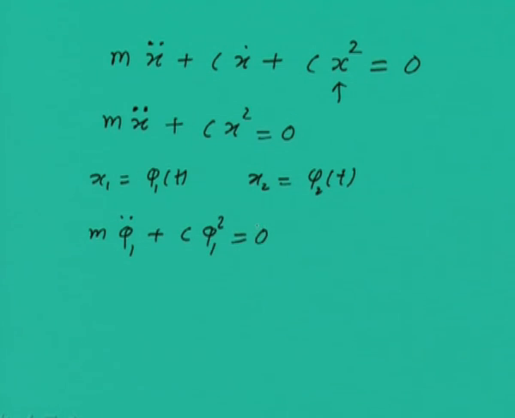This is the first solution we have satisfied. Second solution, and if we add these two, as we did previously, let us say those constants C1 and C2 are taken as unity here.